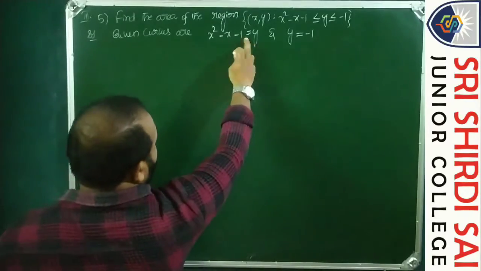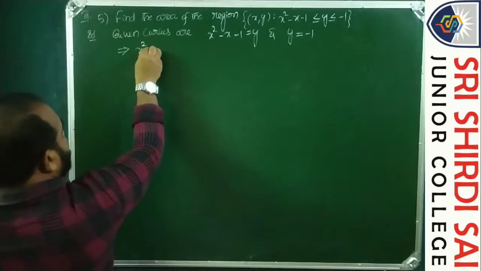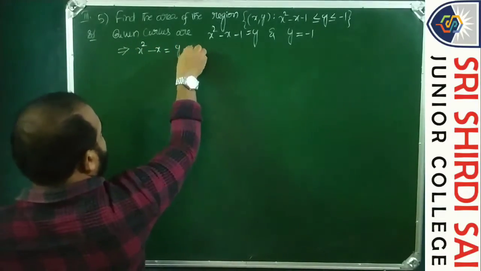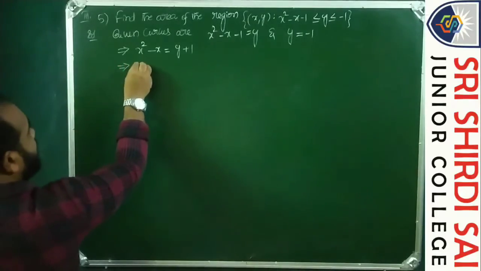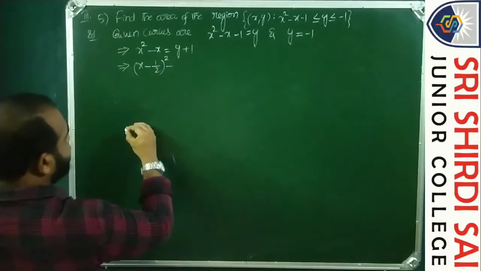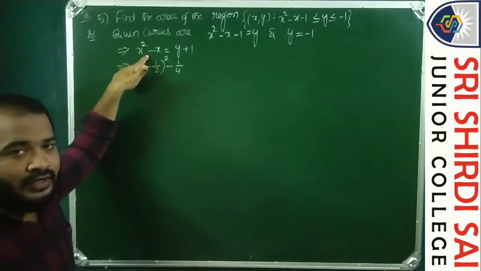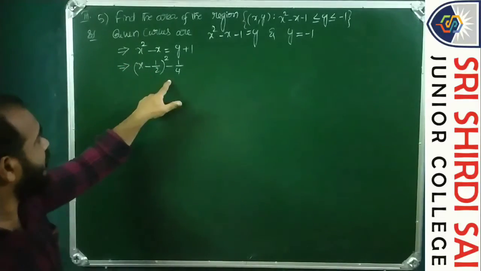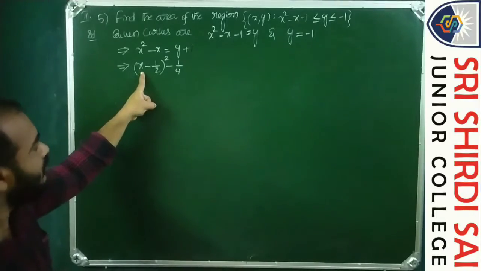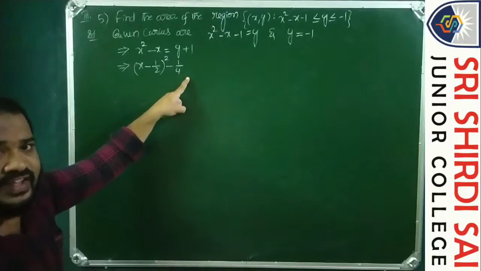Now first, x square minus x minus 1 equals y. This is x square minus x equals y plus 1. This implies x minus 1 by 2 whole square minus 1 by 4. So I am trying to convert this into a minus b whole square. You can see here x square, a square plus b square, 1 by 2 whole square, which is 1 by 4, 1 by 4 gets cancelled.